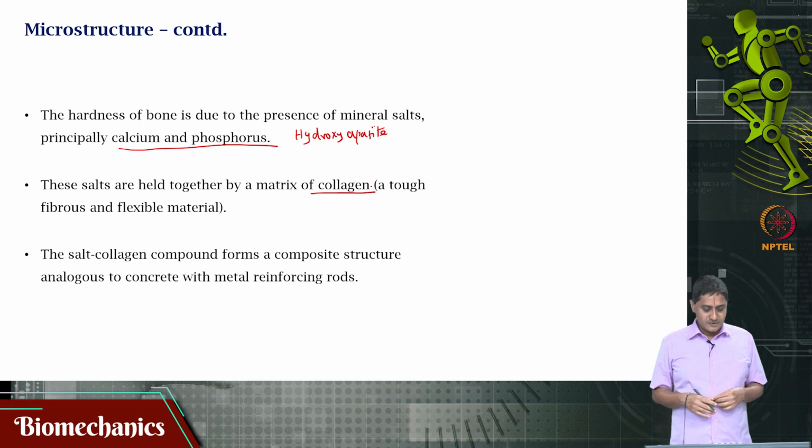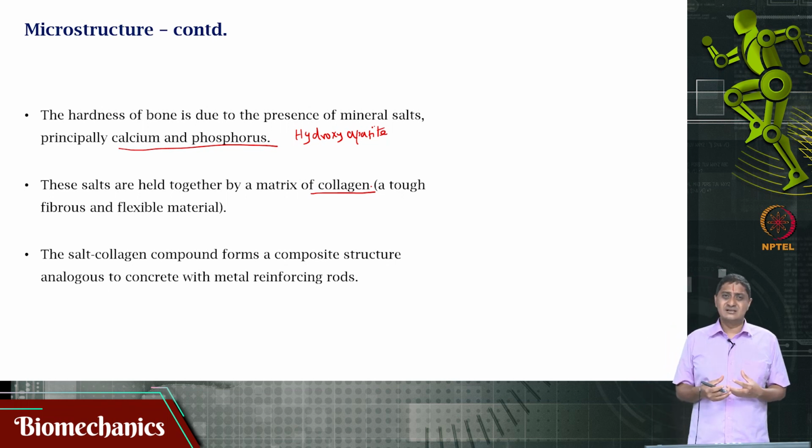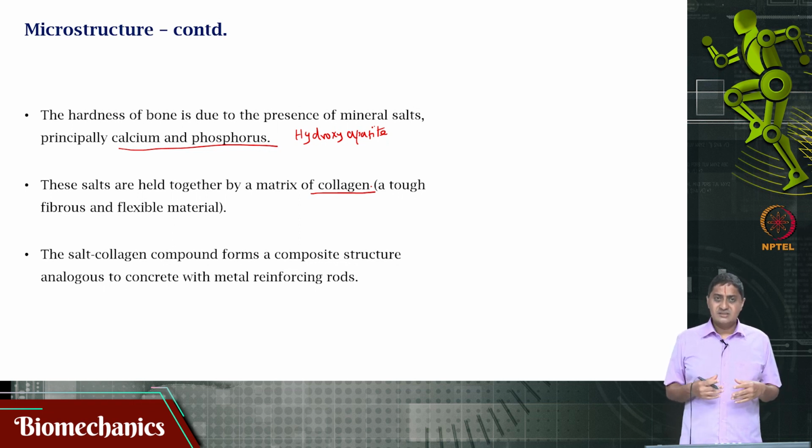Right? This combination between the hard hydroxyapatite and the soft collagen fibers is similar to the composite structure that you can find in concrete with metal reinforcing rods. So, you have reinforced concrete, right?